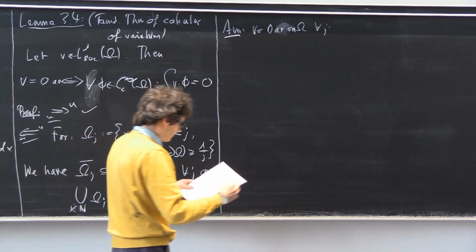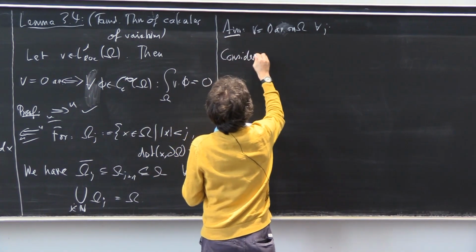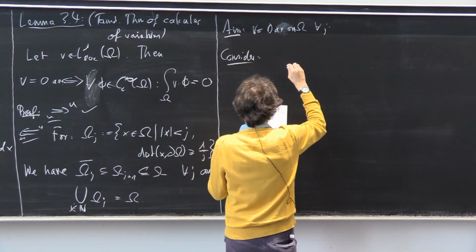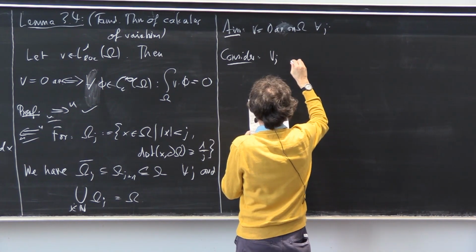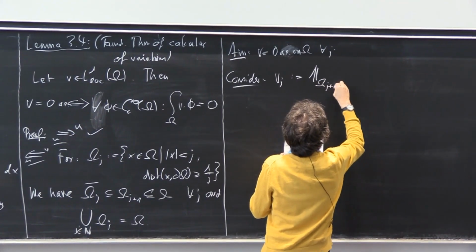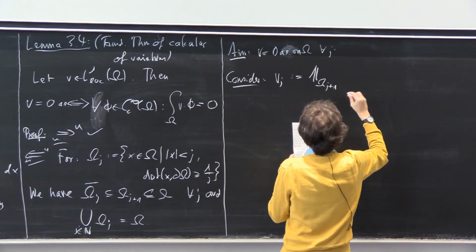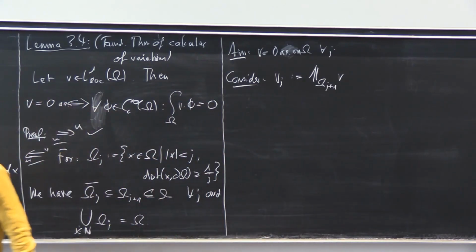Okay. And then what we consider is the following function. You take your function v and you cut everything away that is not in omega j plus 1. One remark at this point.